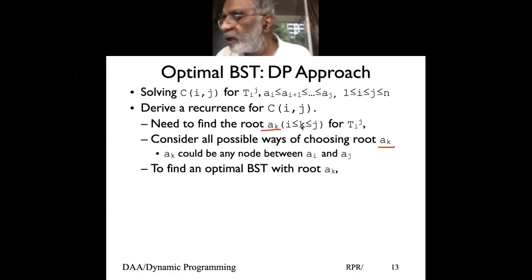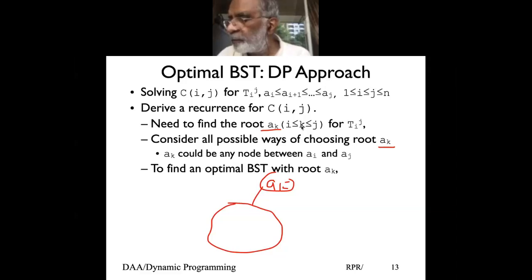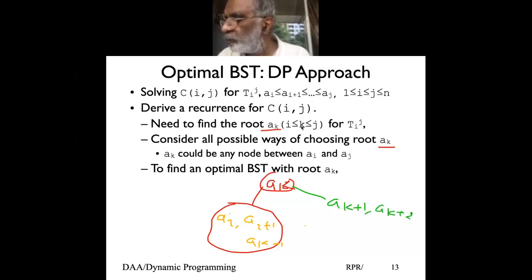But we need to understand, if you look at the root Ak, if Ak is the root, the nodes on the left side would be Ai plus 1 up to Ak minus 1, and the nodes on the right side would be Ak plus 1, Ak plus 2, up to Aj.